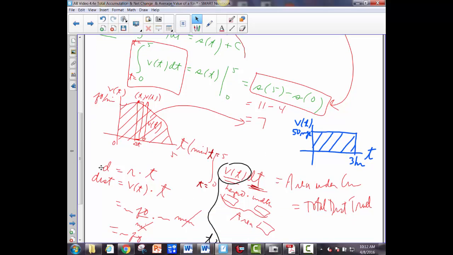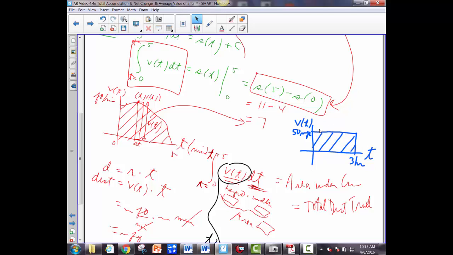Well, if you think about it, the distance he's traveled, you remember this from middle school, the distance is equal to the rate of speed times the time. So that's the velocity times the time. Well, if he's traveling at 50 miles an hour for 3 hours, then the total distance he's covered is 50 miles an hour times 3 hours, which would be 150 miles, which is the area under that curve.